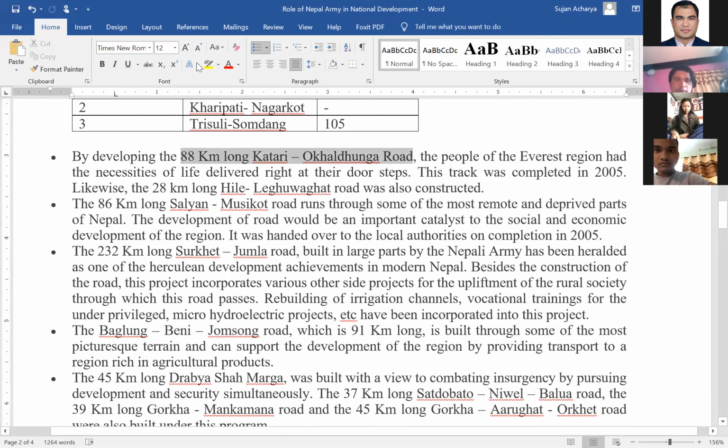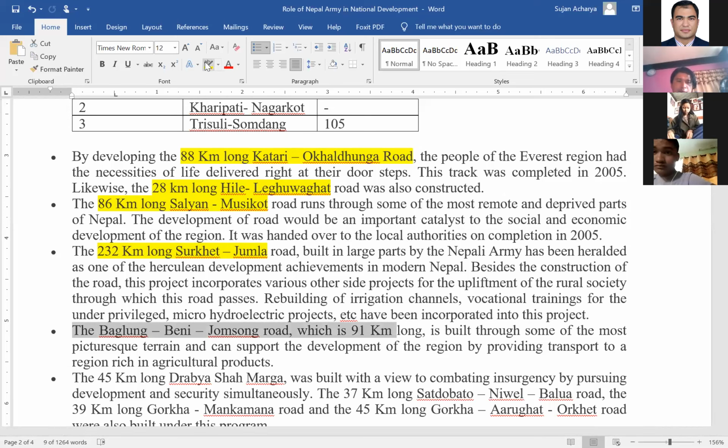This much will be sufficient. You don't have to go through the whole sentence. So this is what I mean when I say highlighting the key points.